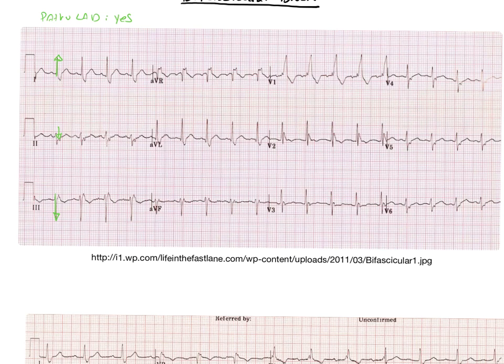The RS. Right, so is there little r, big S in 2, 3, aVF? aVF for sure, but 2 doesn't. Yeah, definitely there in aVF. You've got the little upward, see that there?